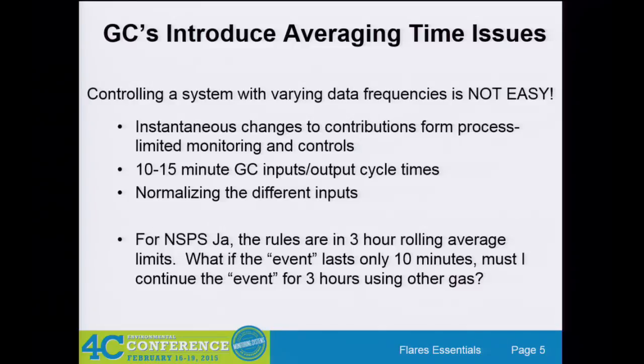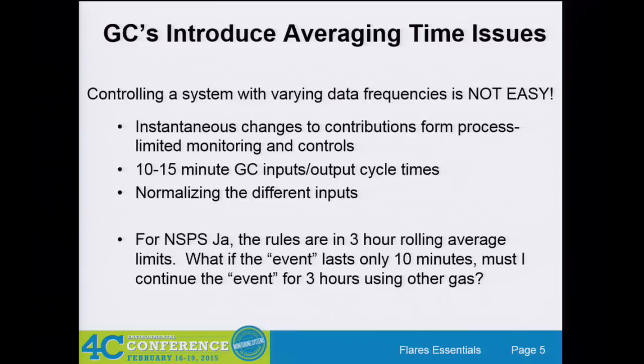Also, you're grabbing a sample when you're getting a result, so those times are very close together. You get a result that may tell you to add supplemental fuel, but you've already grabbed the next sample for the next 15 minutes. So even though you knew that you needed supplemental fuel, and maybe you start adding it, the next analysis you get will not have the supplemental fuel in it. So your data may show you being out of compliance, and that gets compounded over multiple 15-minute segments.